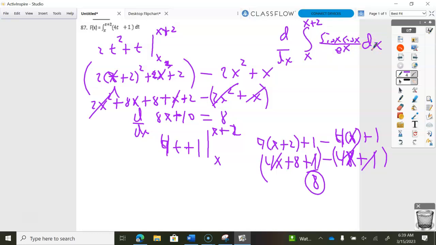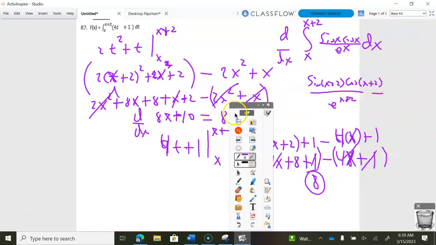Can't do it. Well, yeah, it's just sine of (x plus 2), so it's cosine of (x plus 2) over e to the (x plus 2) minus sine x cosine x over e to the x.